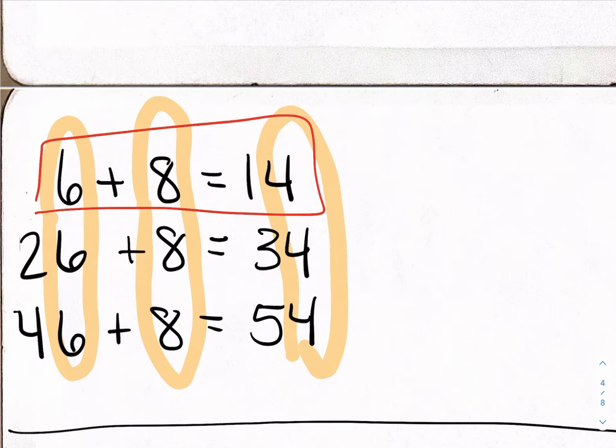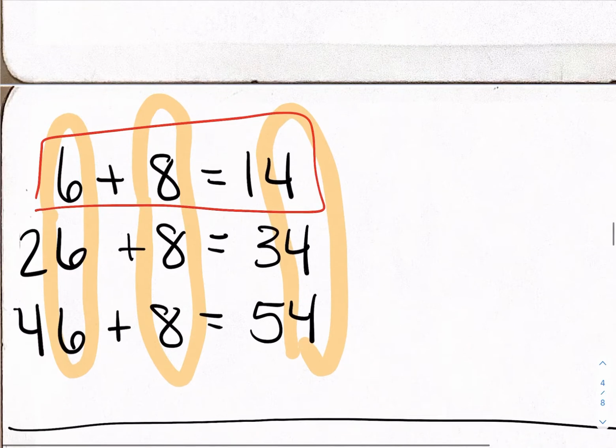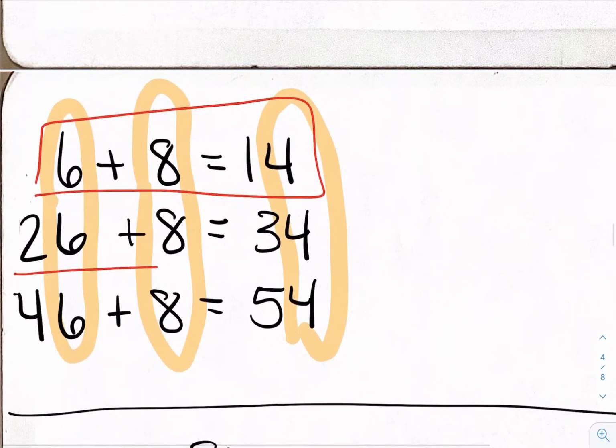What you can see here is how they build up on each other. What I really have here is 2 groups of 10 in the second one. So looking here at 26 plus 8 equals 34, what I actually have here is 20 plus 6 plus 8. And since I already had 6 plus 8 up here, and that was 14, all I did was add the 20 to it, and if I add 20 to 14, I get 34.